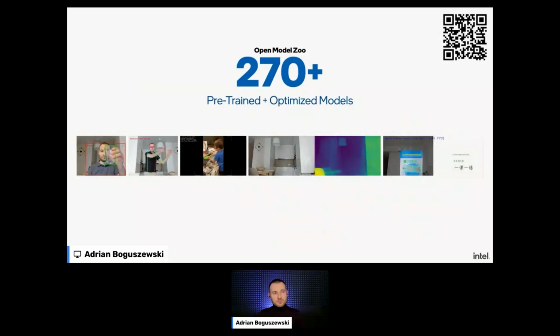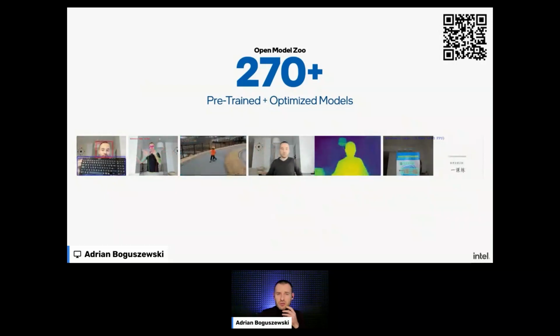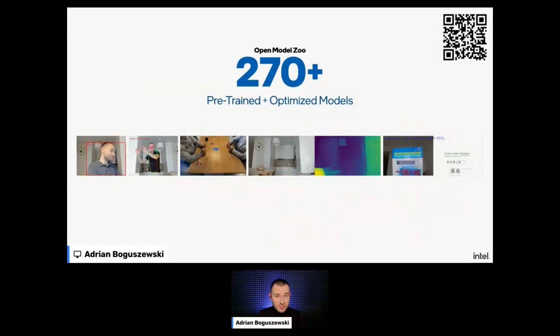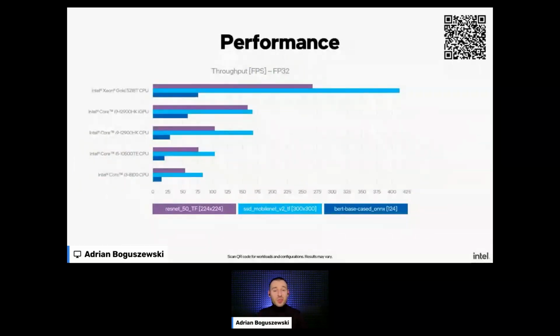And you remember I asked a very important question at the beginning. Is running on CPU still slow? To answer that question, we performed some benchmarks. We selected 3 different networks: ResNet50 for image classification, SSD MobileNet V2 for object detection, and BERT base case for NLP tasks.